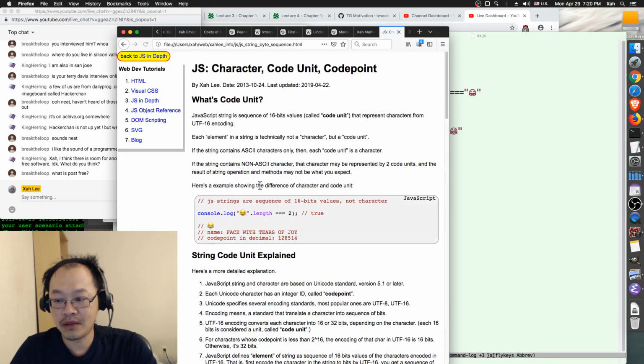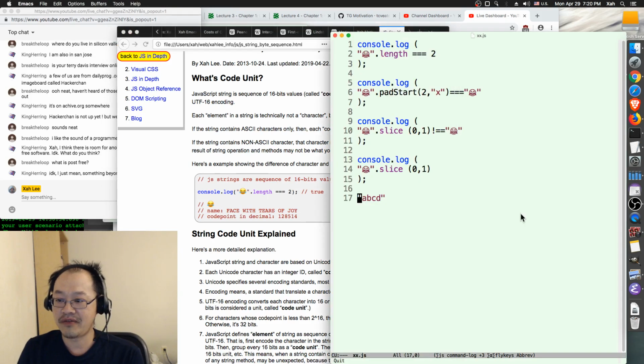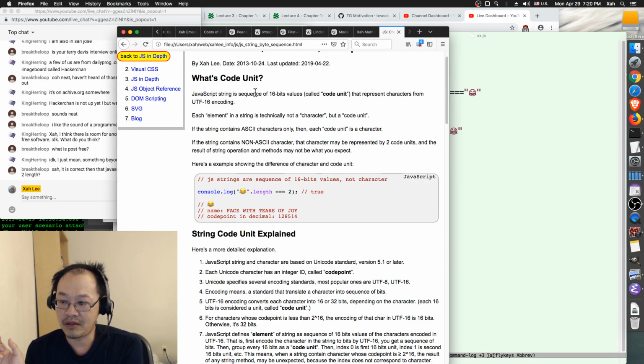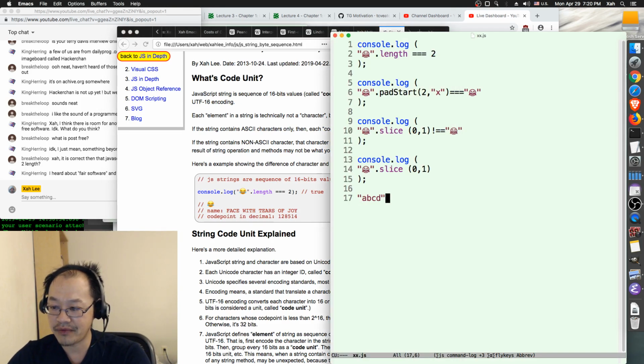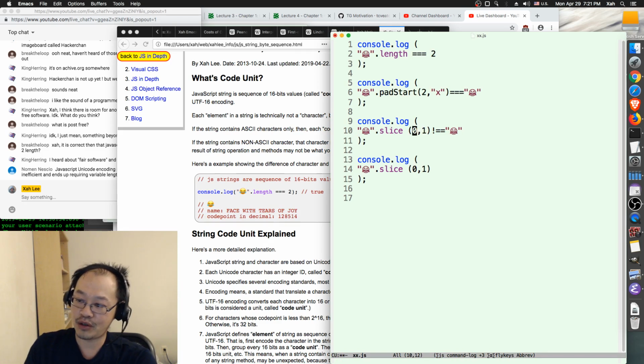To understand it in detail, you have to understand that a JavaScript string is a sequence of 16-bit values. That is the technical definition of an element in a JavaScript string. Each element is actually a 16-bit value. And so when you use an index of a string, for example, when you slice with an index, the index actually means each of the 16-bit values. It does not mean a character.